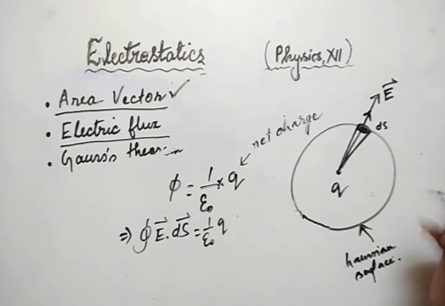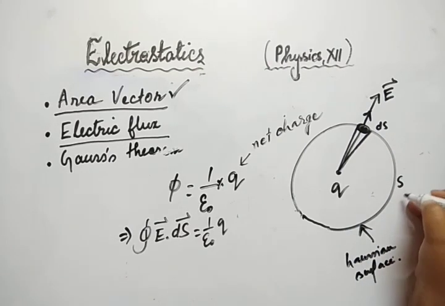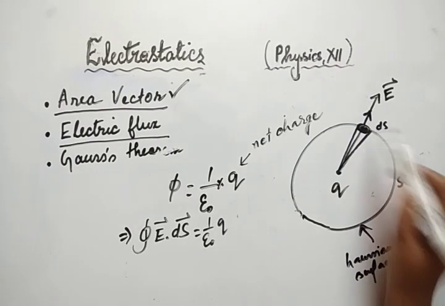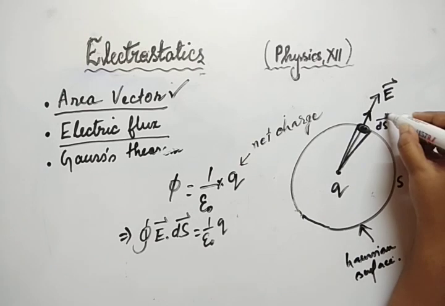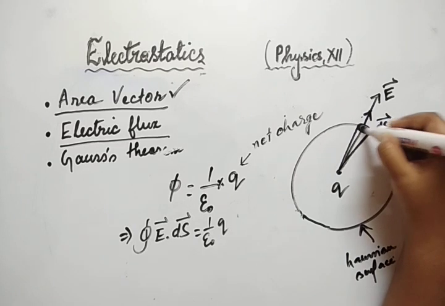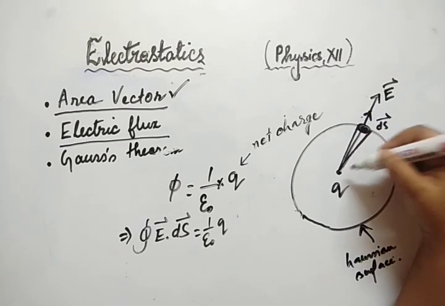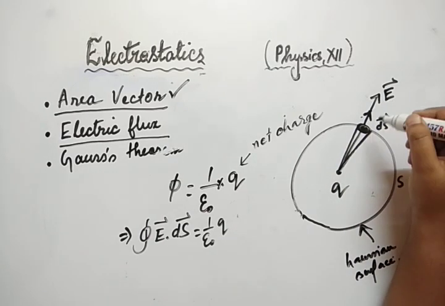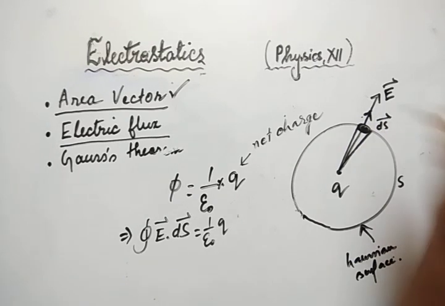If the total area of this sphere is S, and we take a small area on the surface, this small area has an area vector in this direction, that is perpendicular or outward normal to this surface, and the electric field due to a point charge is also along the outward normal, along the radius. So these two will make an angle of 0 degrees.